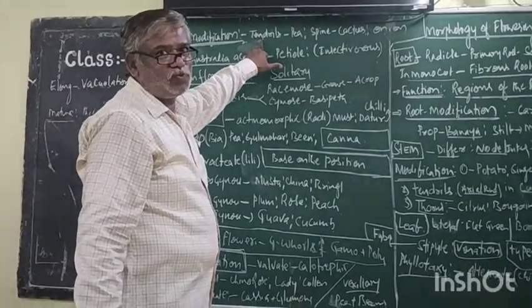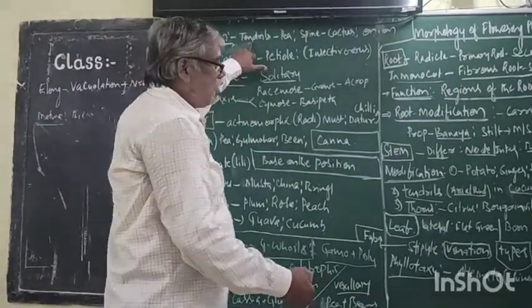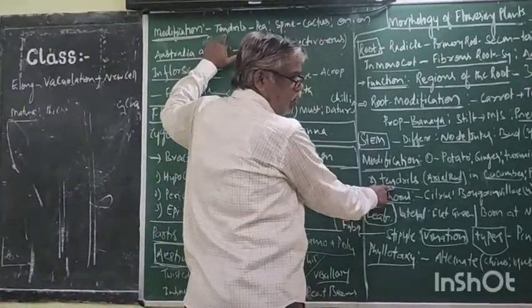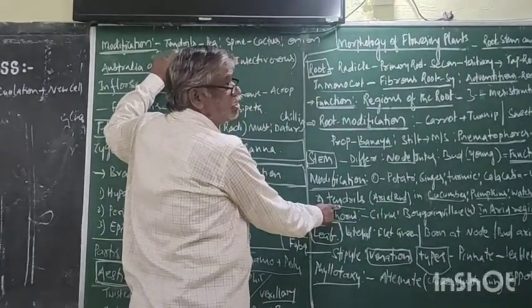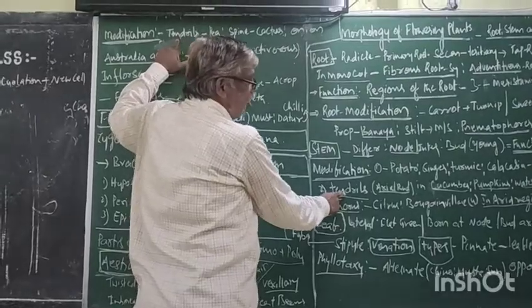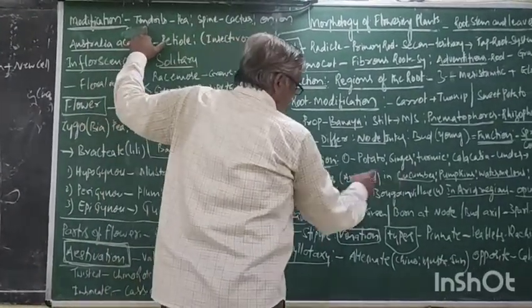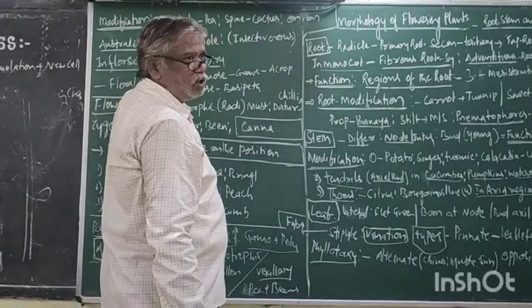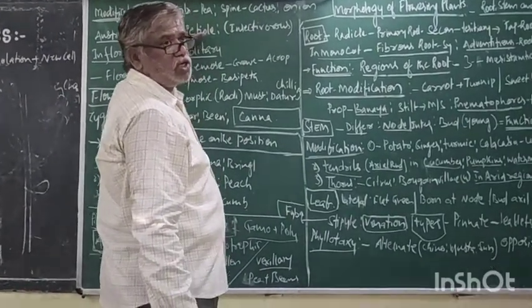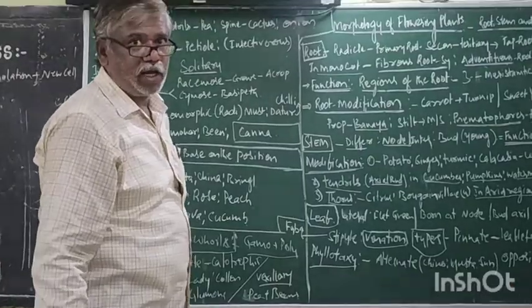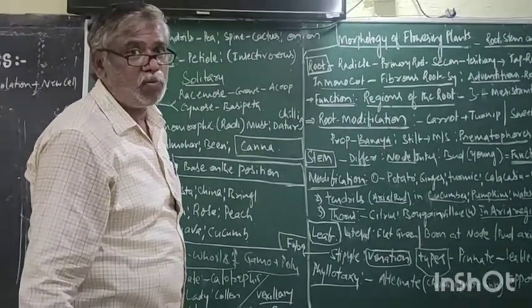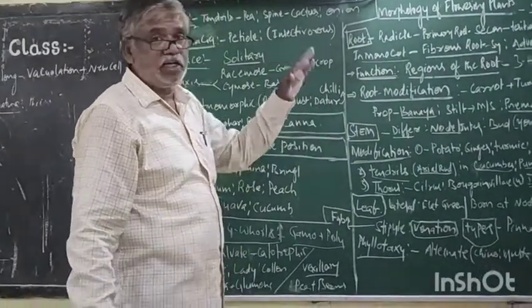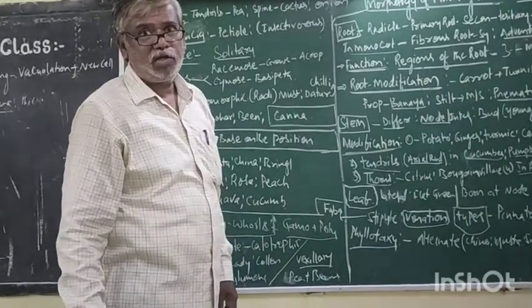Tendril. Stem tendril and leaf tendril are functionally the same: tendril of cucumber, tendril of pea. Functionally same, structurally different. These organs are called as analogous.